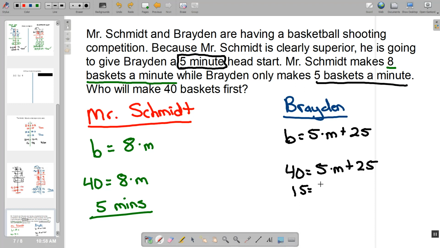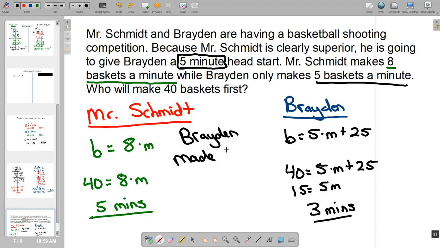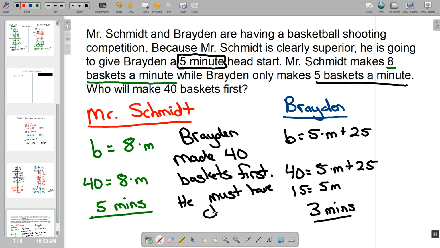So I get 15 is equal to 5m. So m is equal to 3. So 3 minutes, which means that whoever made this problem messed up because somehow Braden won. So Braden made 40 baskets first. He must have cheated. Only possible explanation for what happened here.